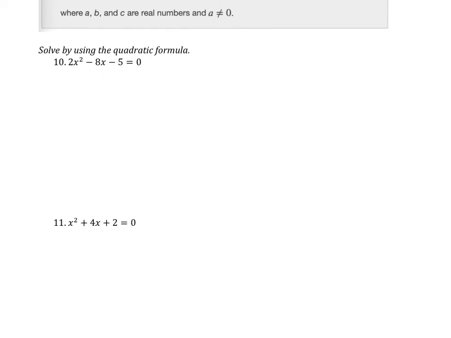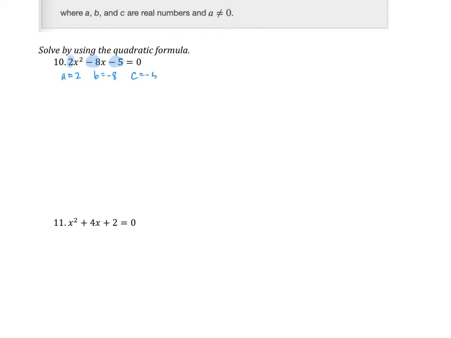So let's look at this example. The number in front of x squared is a. So a is 2. All right, the number in front of x is b. So b is -8. And then the number out here by itself, that's the constant.